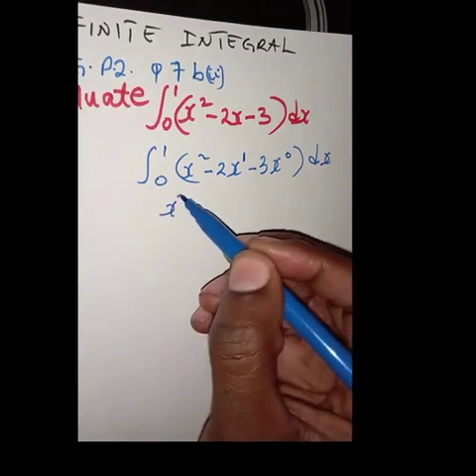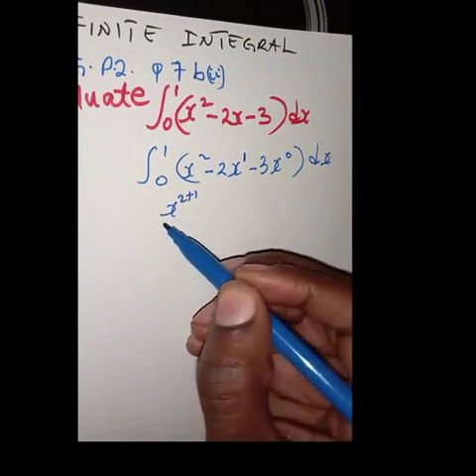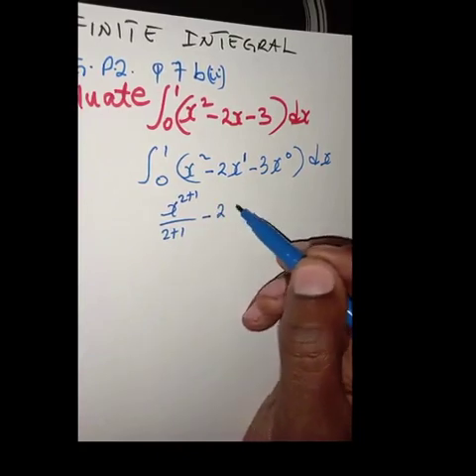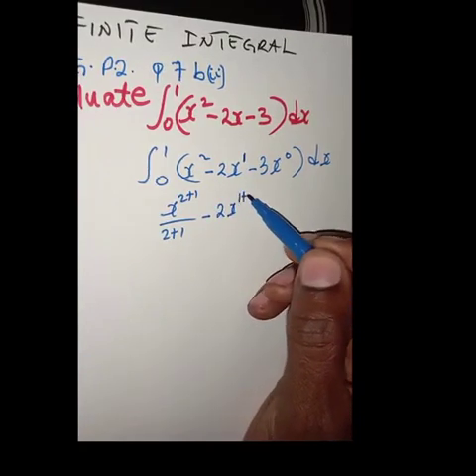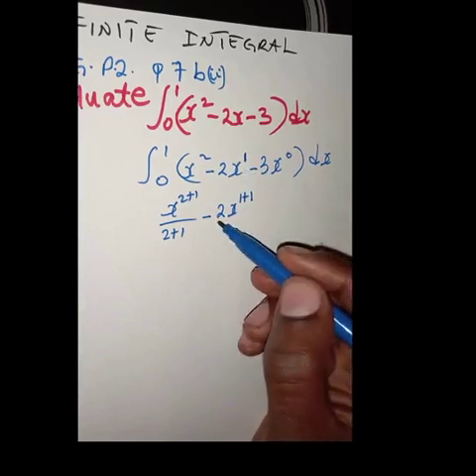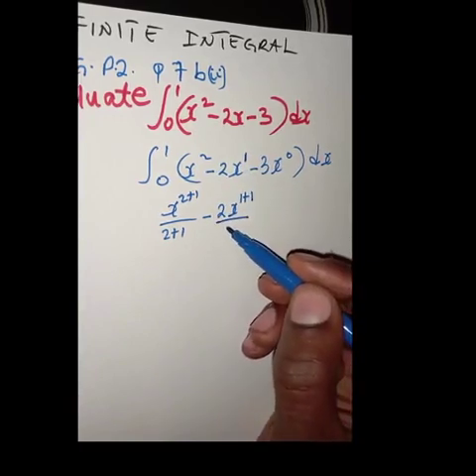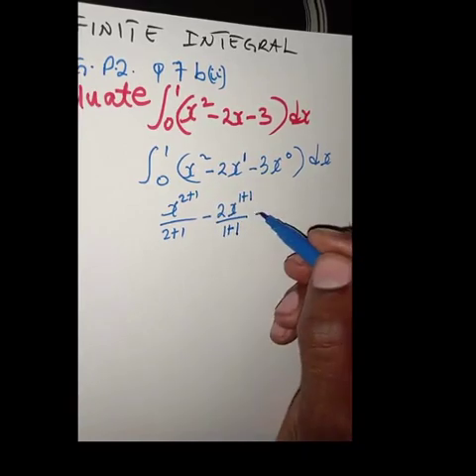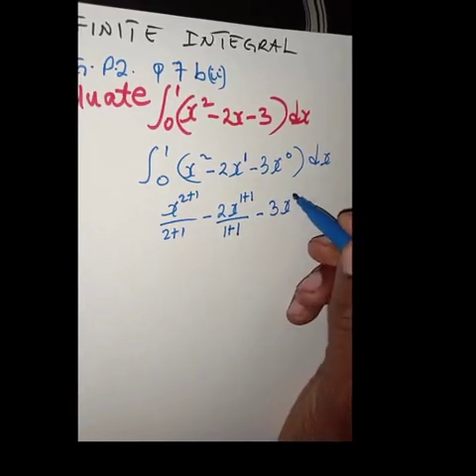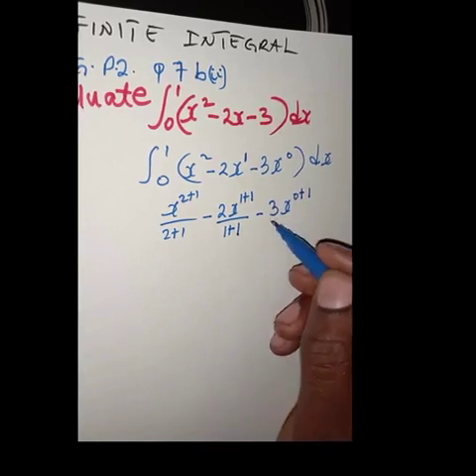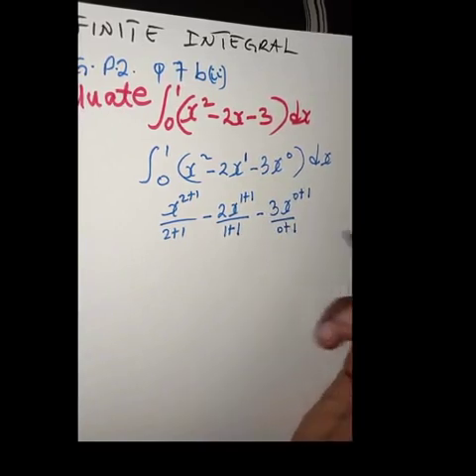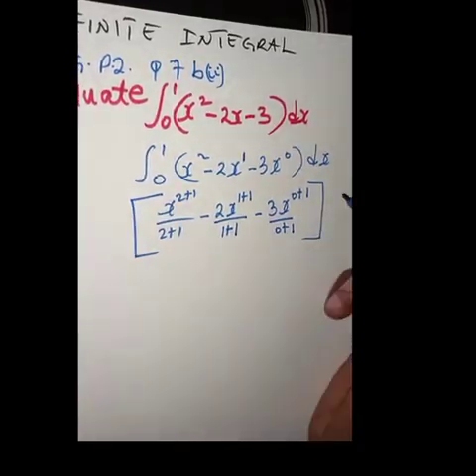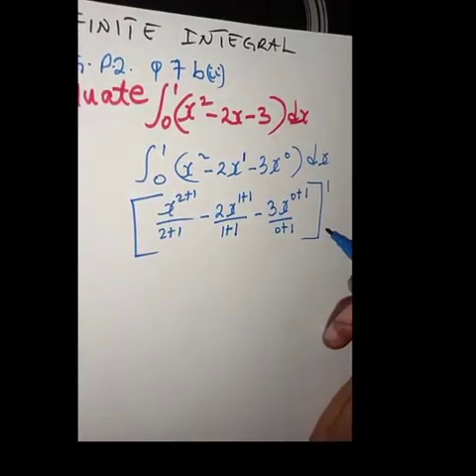All the time we add 1 to the power, over the same power plus 1. And here 1 plus 1, it is plus 1 by the way. Integration also means sum divided by the same. Then you write these brackets, the upper limit to be here, the lower limit to be here.